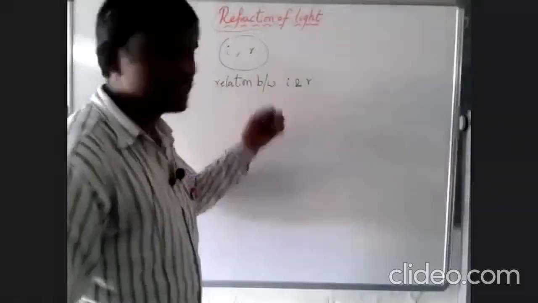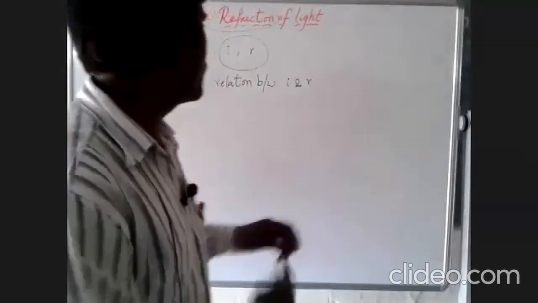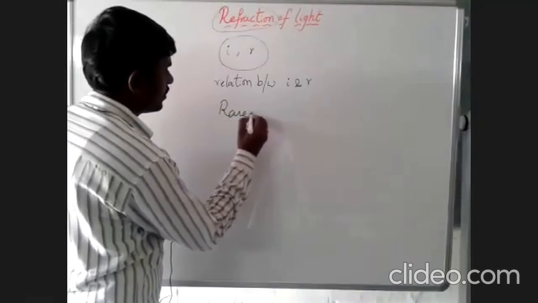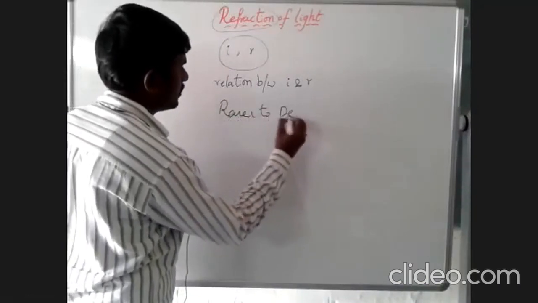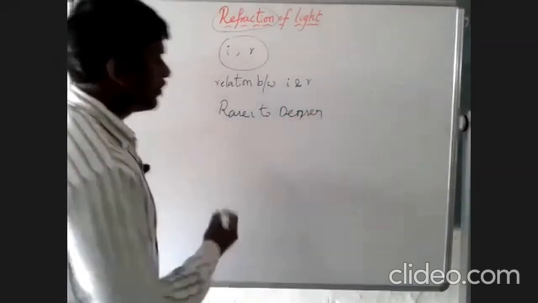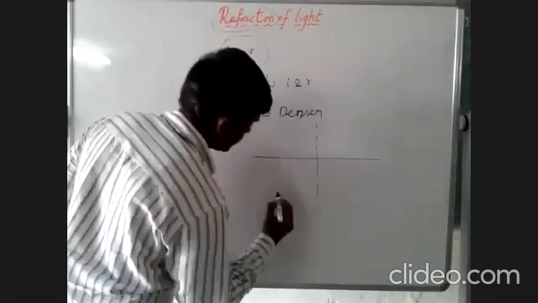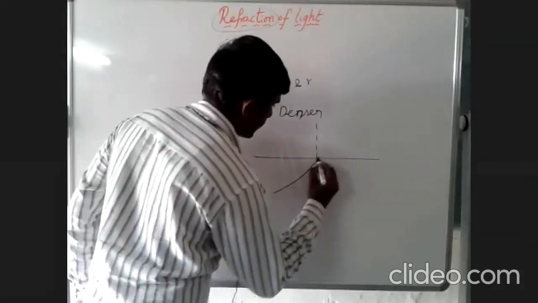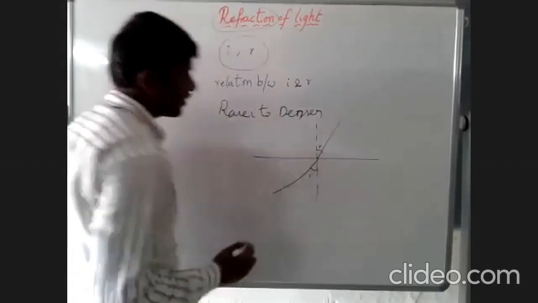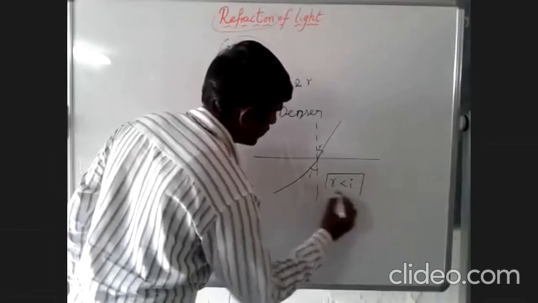Listen here. What have we discussed up to now? We discussed what happens when the light rays travel from rarer to denser medium. The refracted ray is closest to the normal, and the angle of refraction is less than the angle of incidence.